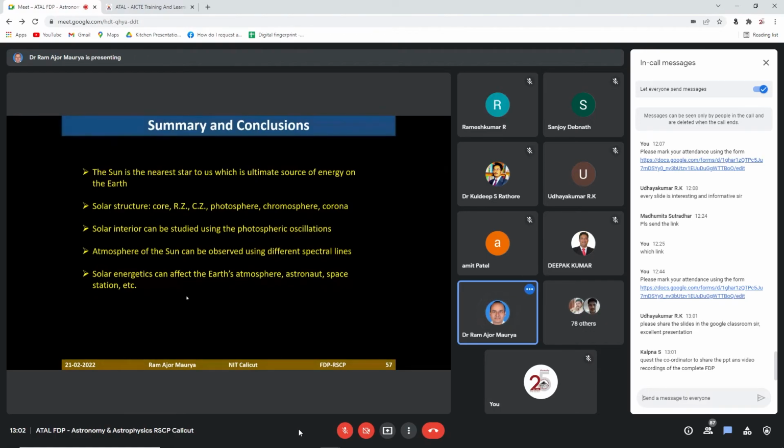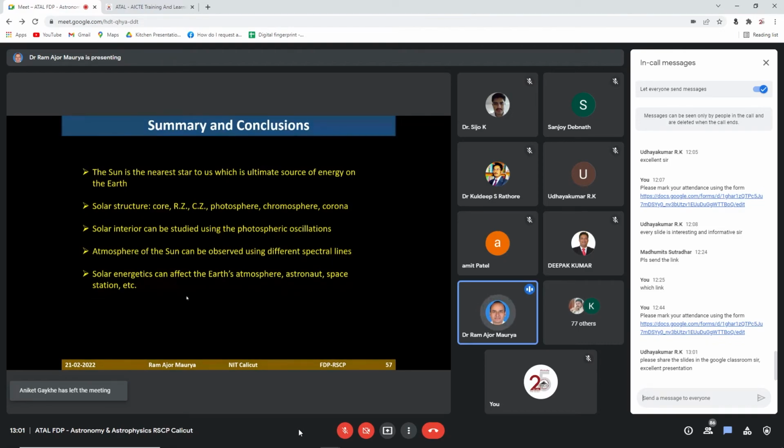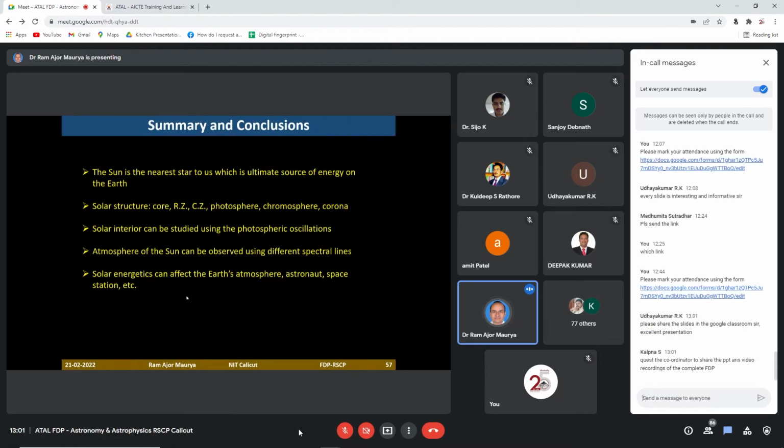On the right-hand side there is an animation of how the reconnection happens. Suppose we have a magnetic field like this, and there is an inflow. When there is an inflow, this part and this part will join. The upper part will be disconnected, and the lower part will combine like this.